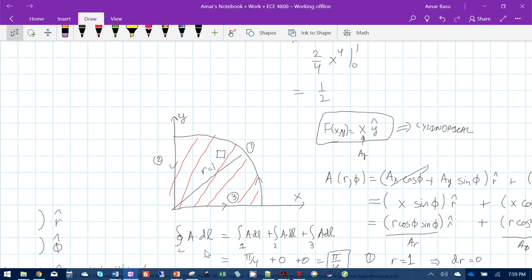Yes, you had a question? Yeah, we are going counterclockwise. So notice that the limits of integration for the first line were phi equals 0 to phi equals pi over 2. So we were going counterclockwise along that circle. Now this one is going from r equals 1 to r equals 0 at a constant phi. And what will be the equation for line 3? What's the equation that describes this line here?